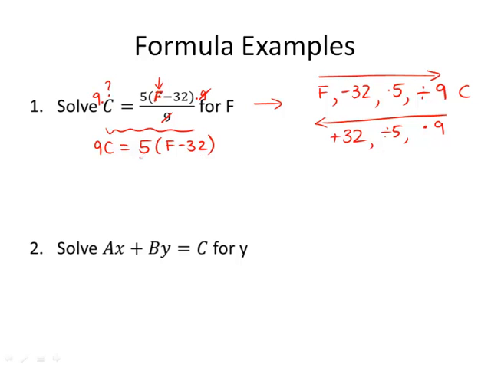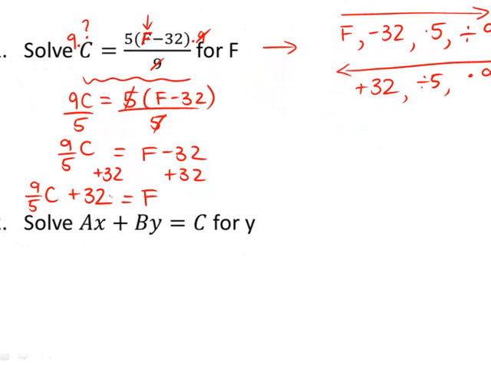Now we can divide both sides by 5, giving us Fahrenheit minus 32 equaling 9/5 times the Celsius. 9c over 5 is the same as 9/5 c. And then to oppose that subtraction of 32, we would add 32, giving us Fahrenheit to be 9/5 the Celsius plus 32. The formula is now solved for F.